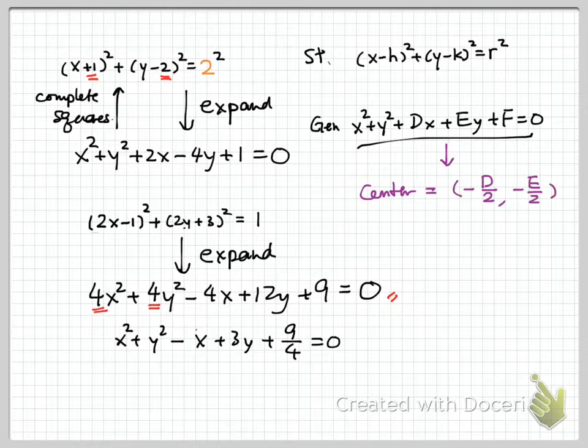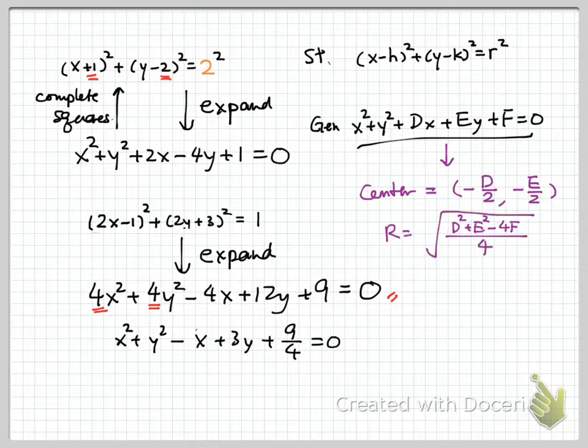If the circle is x squared, it must start with 1. If it doesn't start with 1, you have to change it so that it starts with 1. If it starts with 1, then the center is minus half d, minus half e. And the radius will be the square root of d squared plus e squared minus 4f, divided by 4, with everything taken as square.